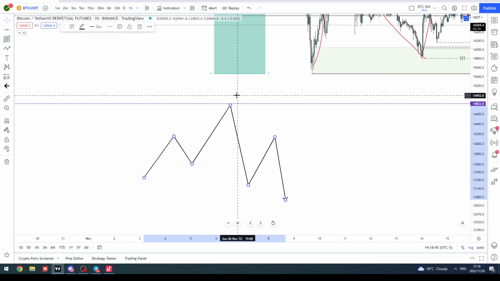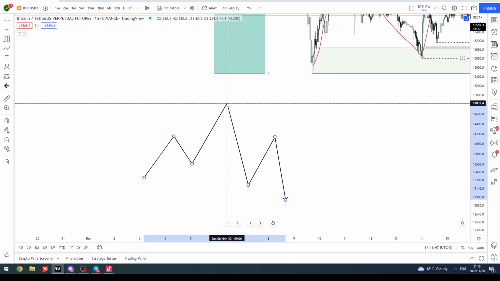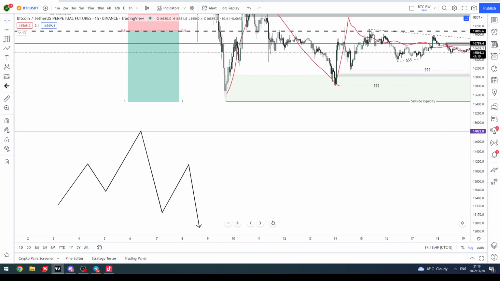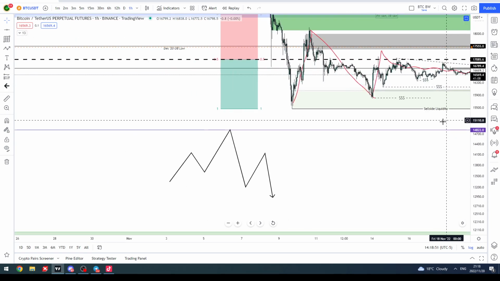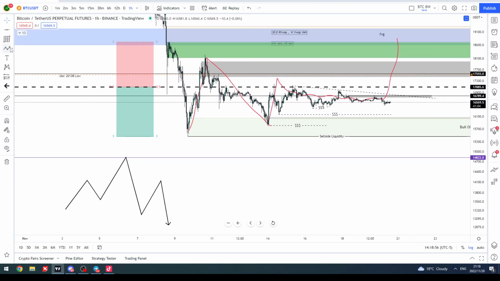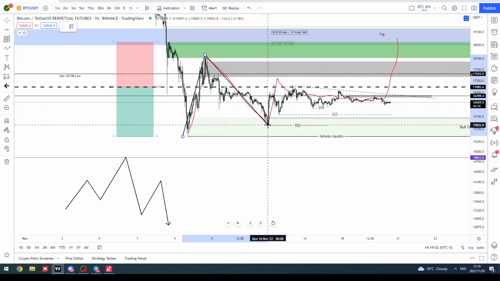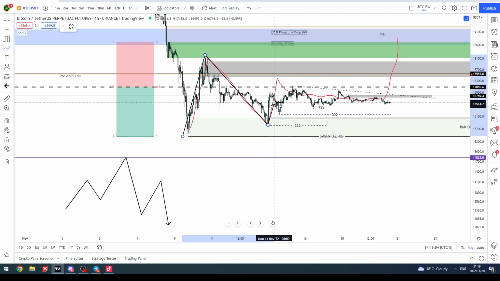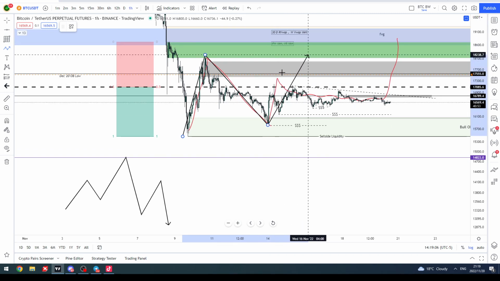So something we need to be wary of, and if we put it to the model here, we would then be looking at this here being the accumulation leg, this being a failure swing, and now we're looking for an opposing liquidity run to the top side, right?